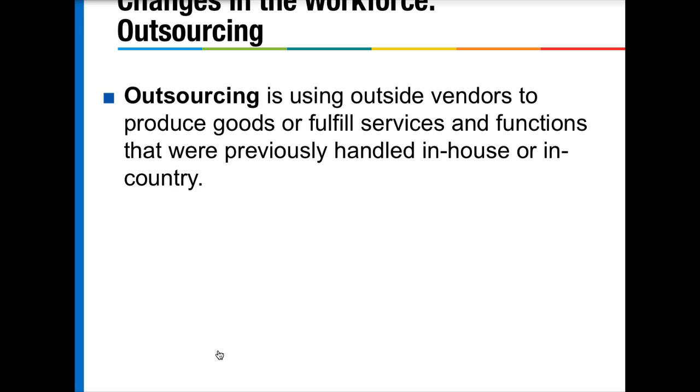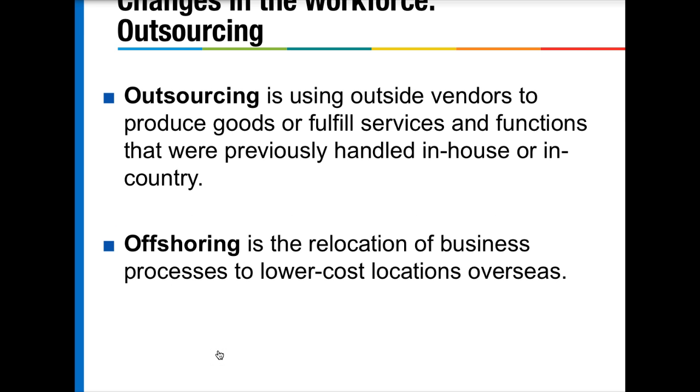Changes in the workforce. Outsourcing is becoming more popular, where if companies are based in Texas, they may outsource some of their manufacturing to a company in California. Offshoring is considered more like having a call center in India when the company is based in the U.S. So that's considered offshore outsourcing.